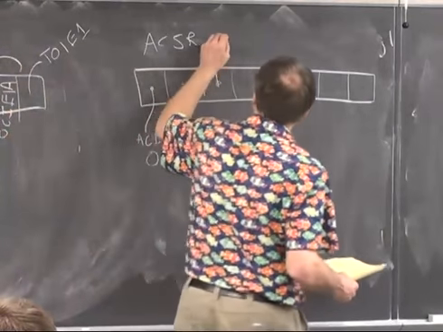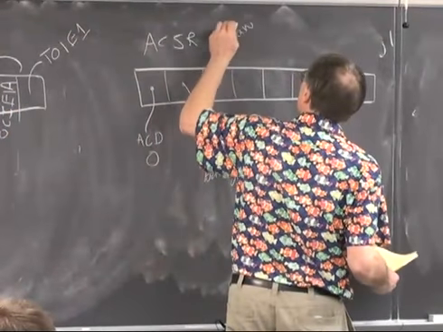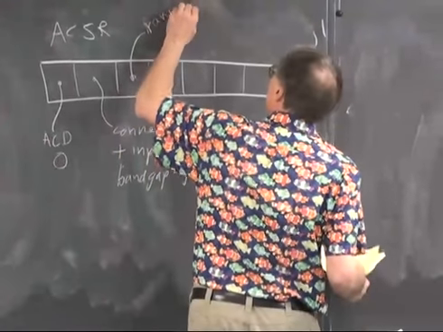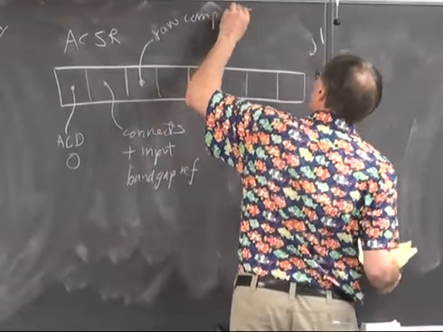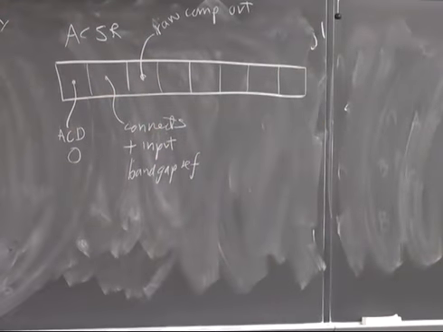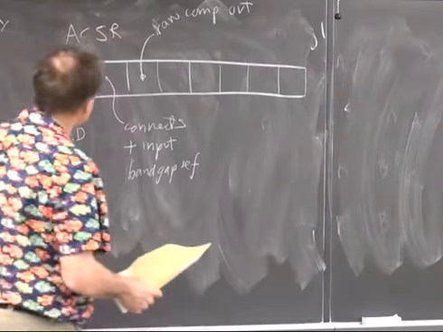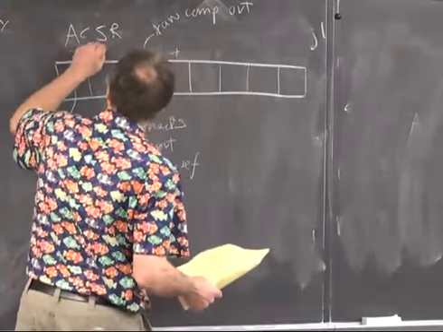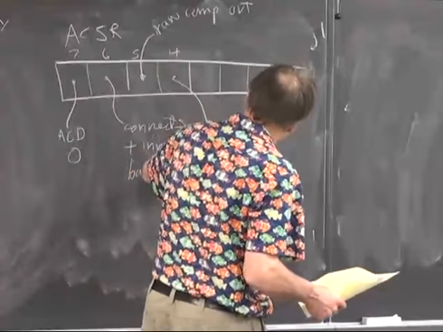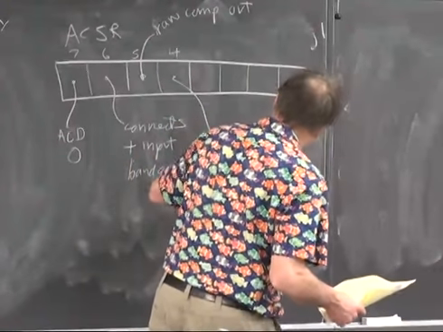Bit 5 is the raw comparator out. So that is in real time, nanosecond by nanosecond, changing with the value of the two input voltages. It's like a little digital output of an analog comparator. 7, 6, 5. 4 is the comparator interrupt flag.